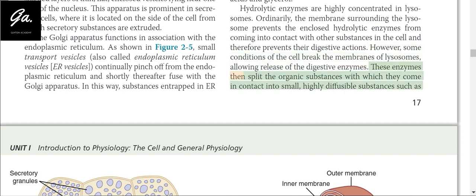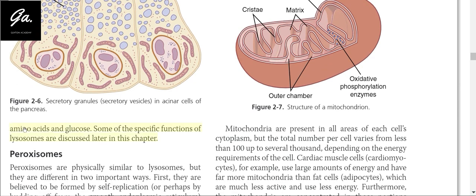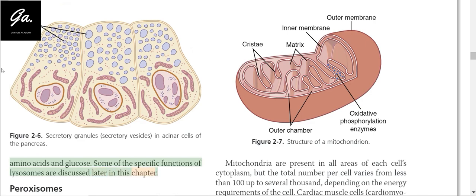These enzymes then split the organic substances with which they come in contact into small, highly diffusible substances such as amino acids and glucose. Some of the specific functions of lysosomes are discussed later in this chapter.